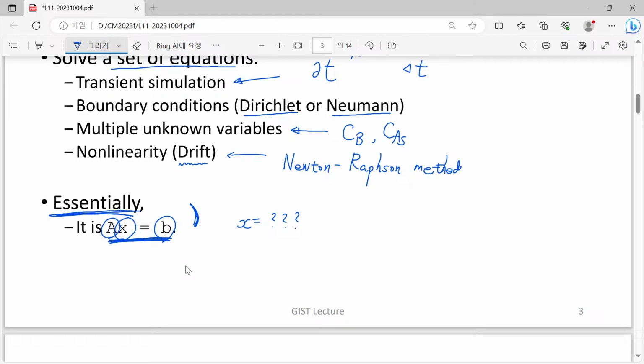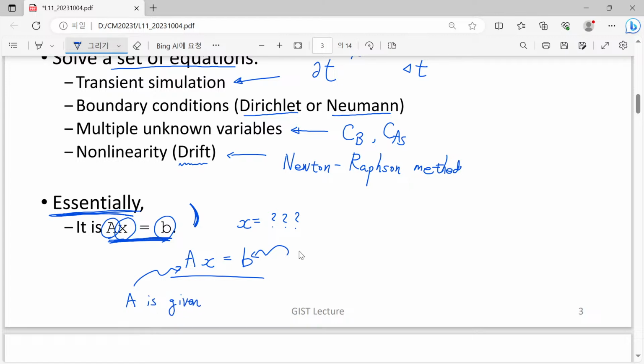So our natural question is then how can we make efficient code to solve Ax = b when b is given and A is given. Today we assume that A is given. We cannot change it.